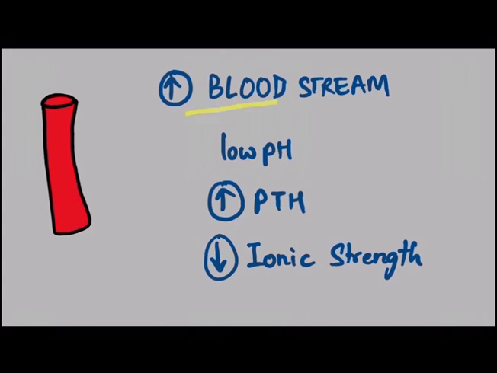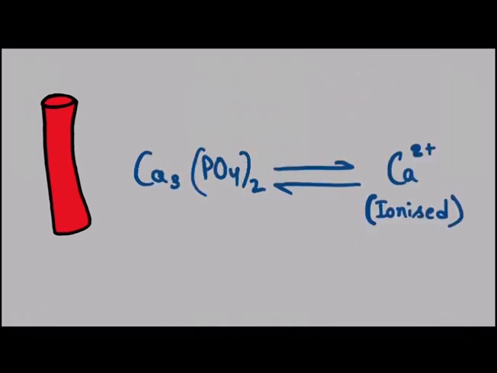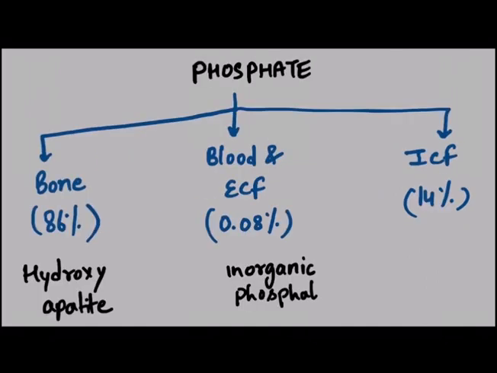The factors in the blood which are favorable for high level of calcium are an acidic pH, increased parathyroid hormone, and decreased ionic strength. In the bloodstream, the calcium is being interchanged between its ionized form and the calcium phosphate.